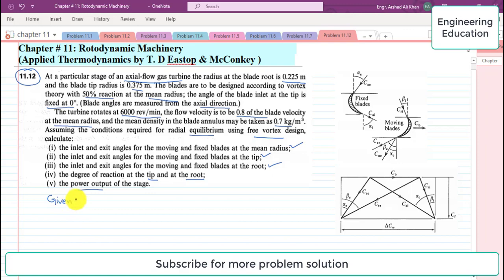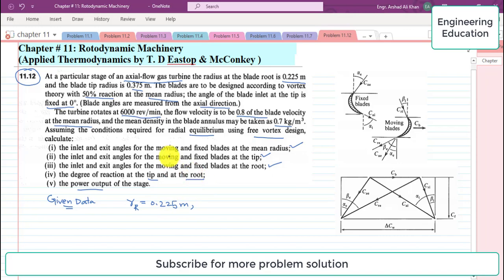So given data is, first of all, we have given the radius of the blade root, which is 0.225 meter.